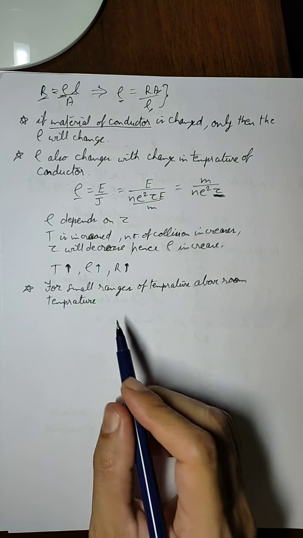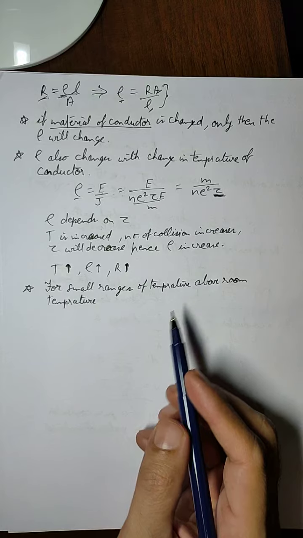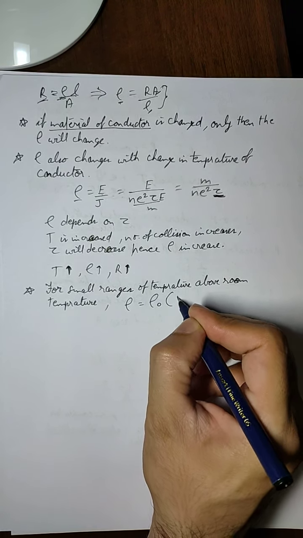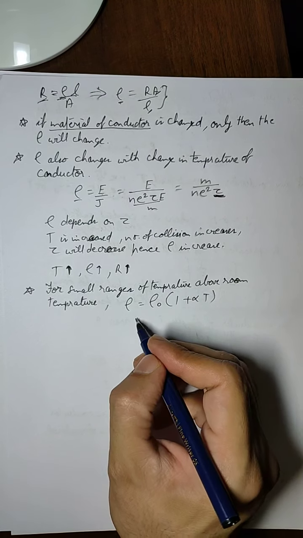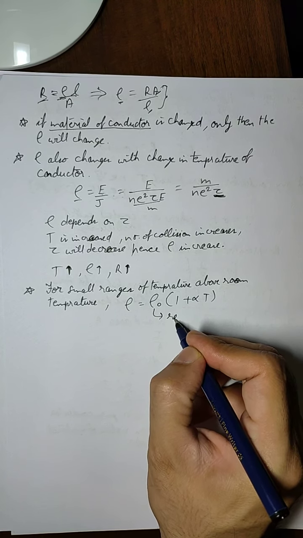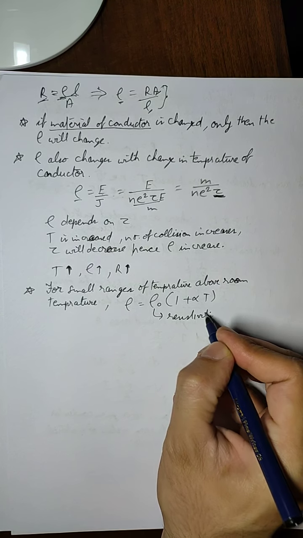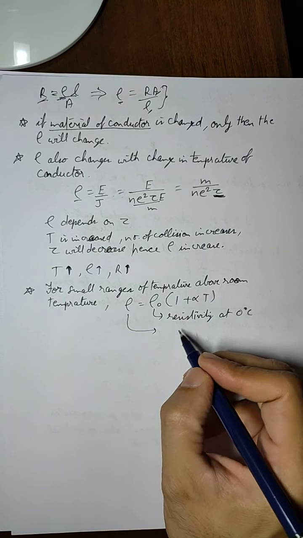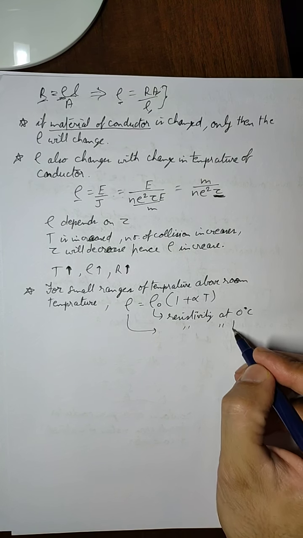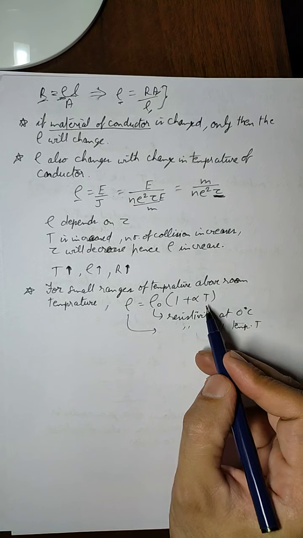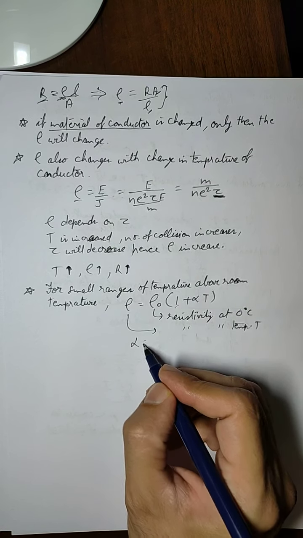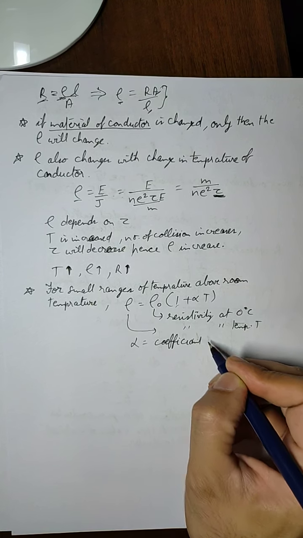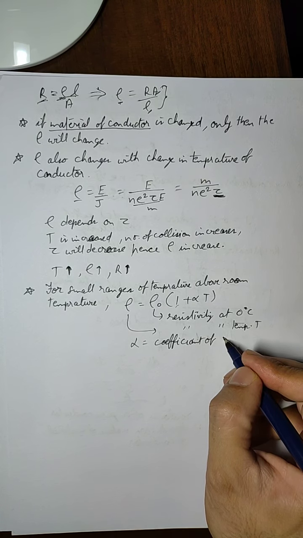We have the relation rho equals rho naught times 1 plus alpha T, where rho naught is the resistivity of a given conductor at 0 degree Celsius, rho is the resistivity at temperature T, and alpha is called the coefficient of resistance.